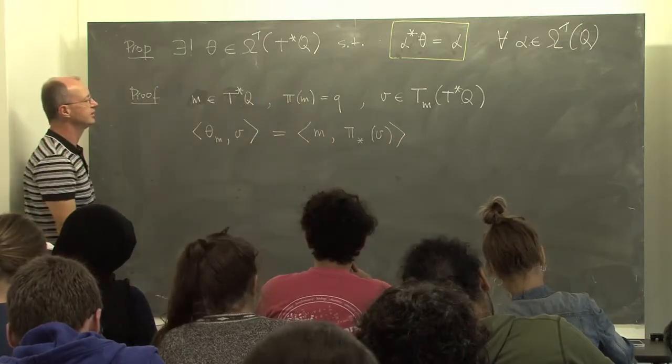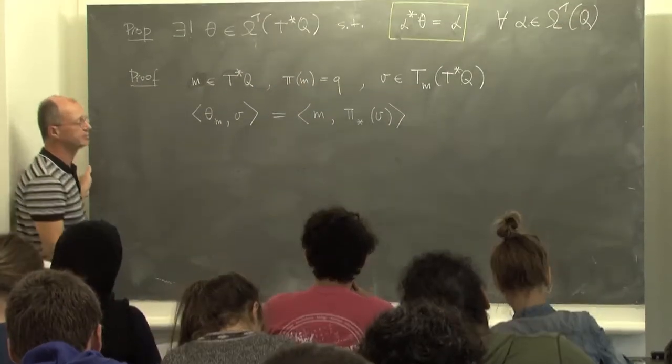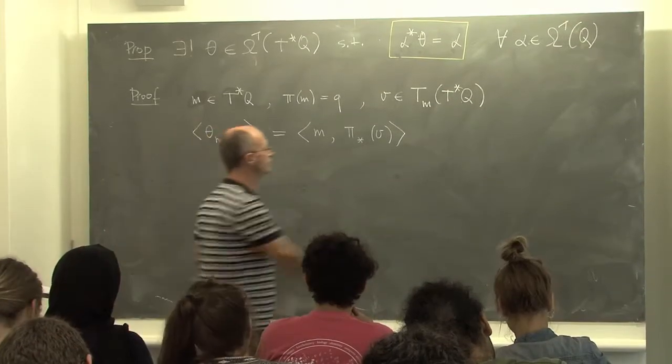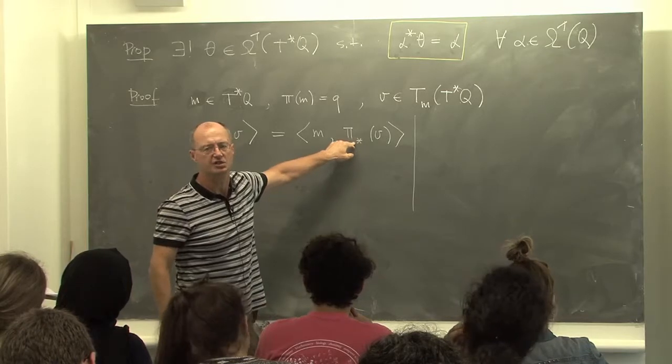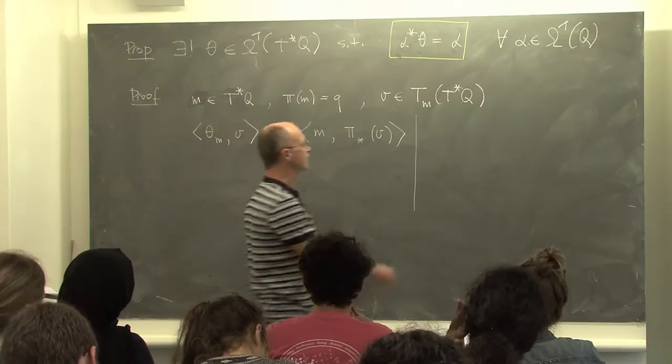Right. So the formula is very simple, but let me explain the notation. First of all, maybe we should agree about this pi lower star.